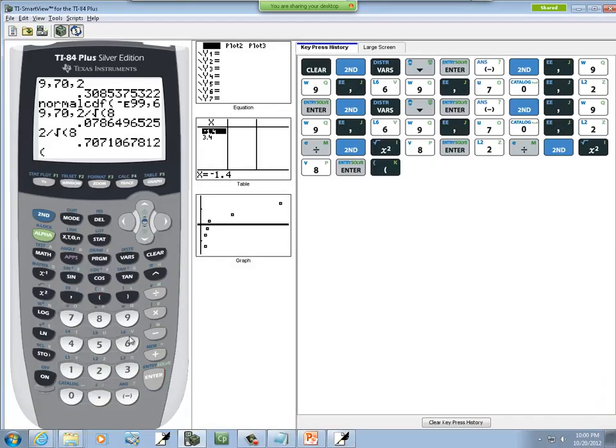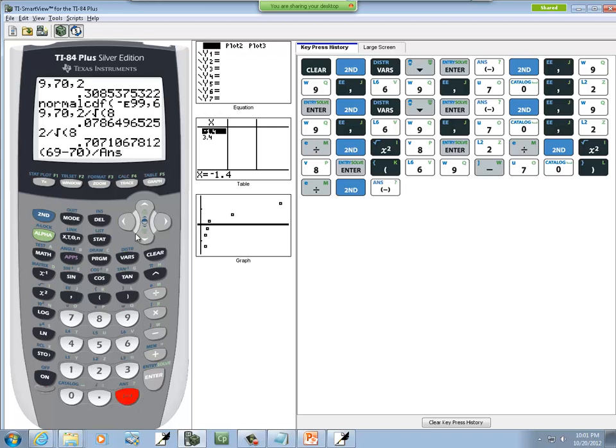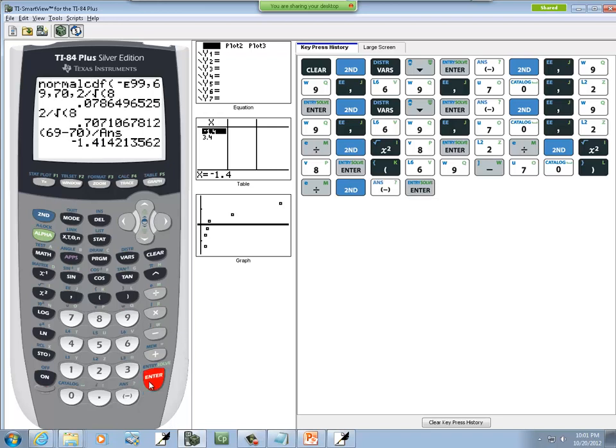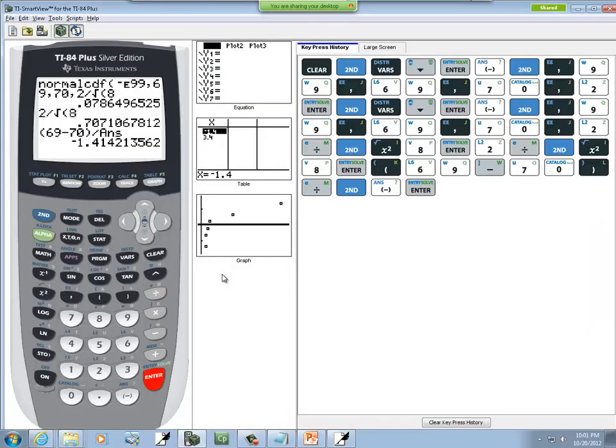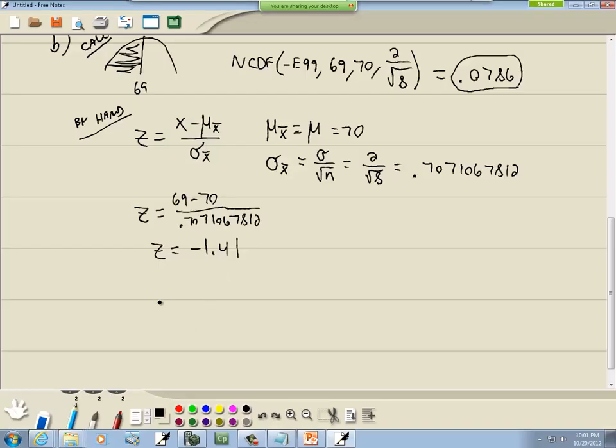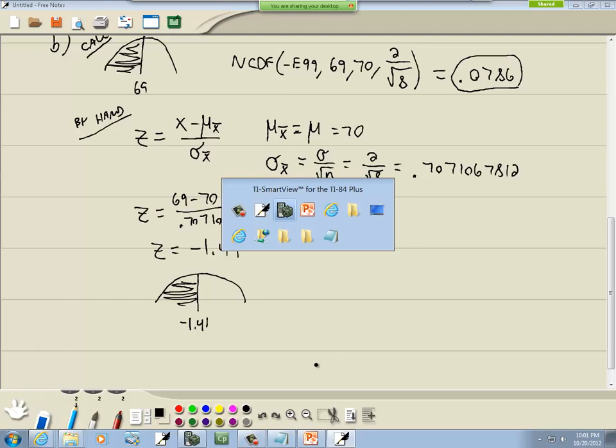So I do beginning parentheses 69 minus 70, closing parentheses, divided by. Now I could type all that number in, but since that's my previous answer, all I have to do is press second and then negative, and that'll bring up ANS, which is the previous answer, and then enter. Now we want to round this to 2 decimal places since we're looking it up in our tables. So we get negative 1.41. Now our picture looks like this. We have negative 1.41 and we're still shading to the left, just like the picture right here. Okay, so let's look it up in our tables.